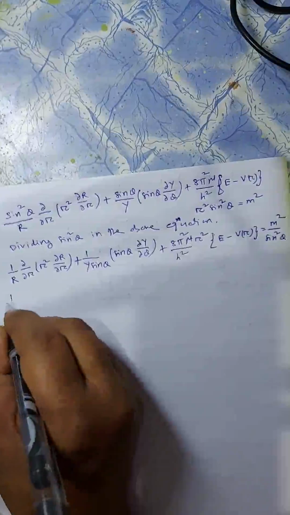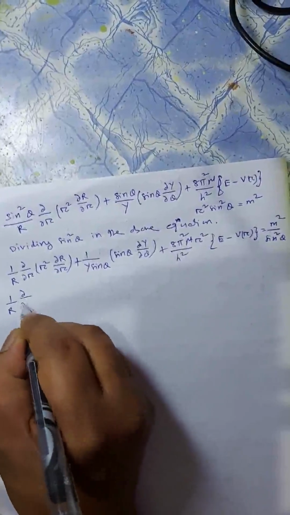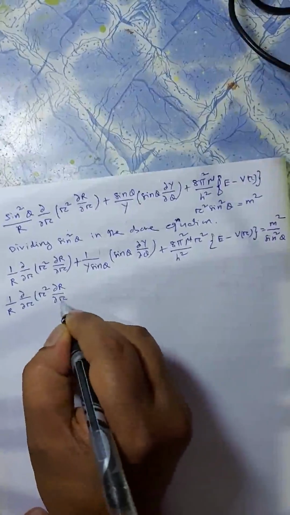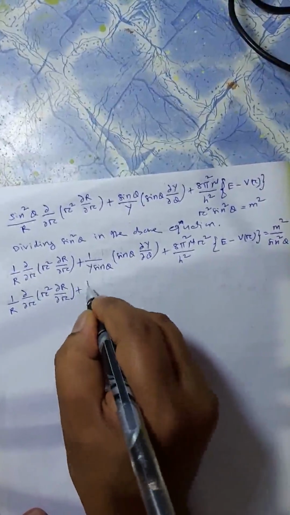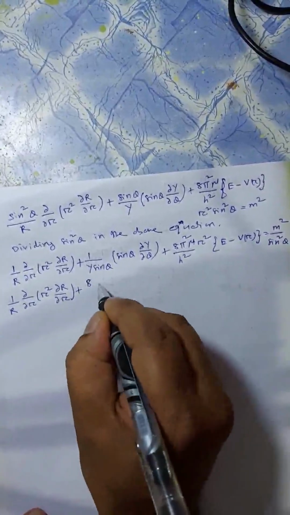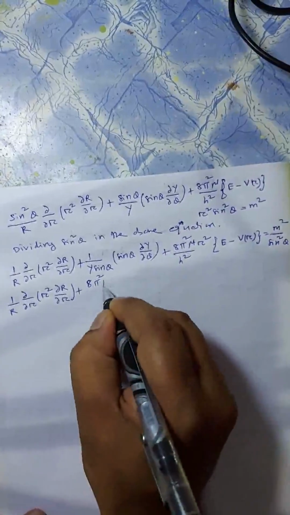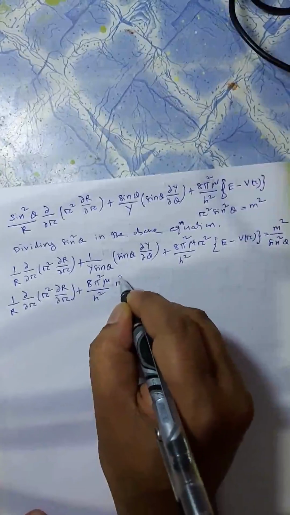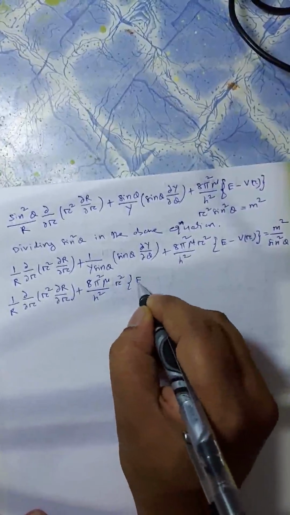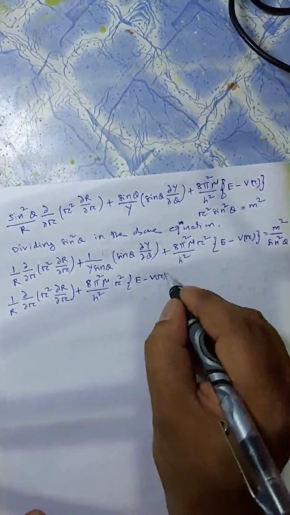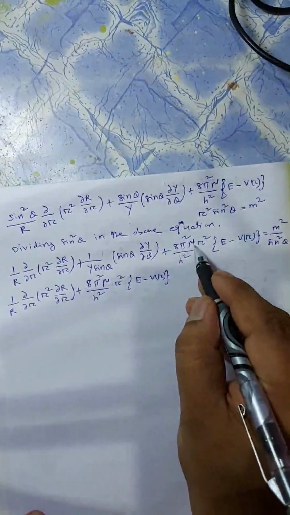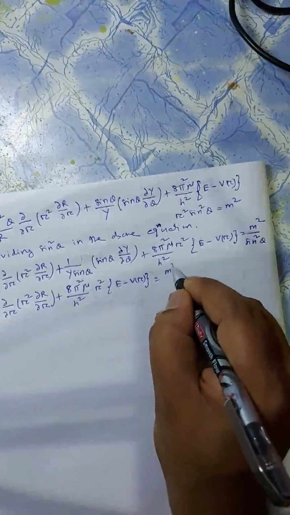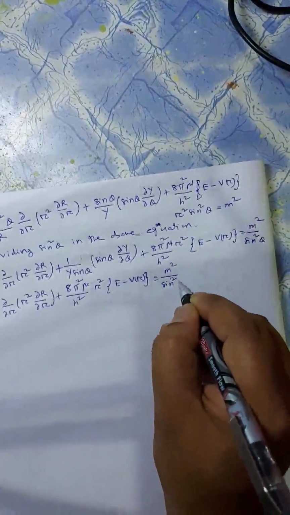Then what do we get? 1/R ∂/∂r of r² ∂R/∂r, plus 8π²μ/h² r² (E − V(r)), and we take this one to the other side, remaining is m²/sin²θ.